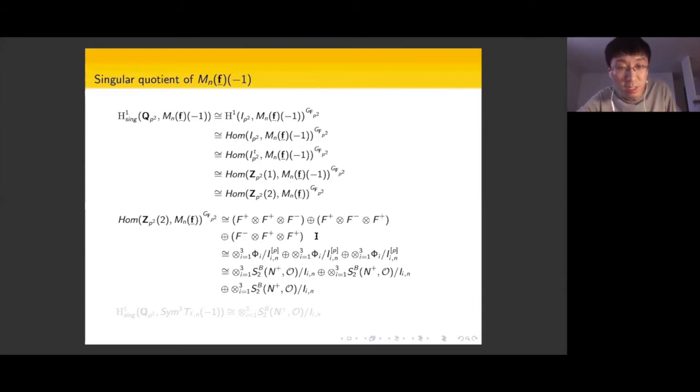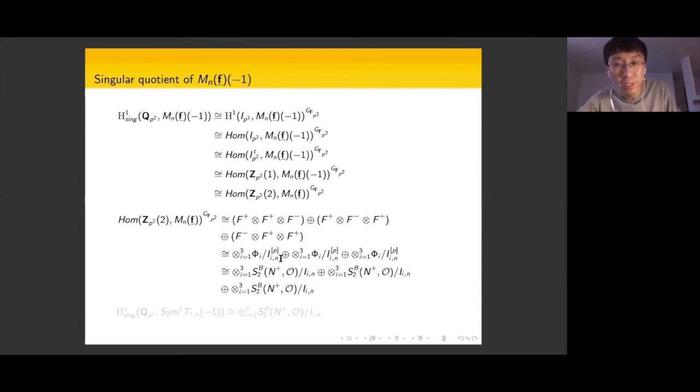And since F plus is isomorphic to the co-character group, and F minus is isomorphic to the character group, which are both isomorphic to the component group, you have this isomorphism from the singular quotient to 3 copies of the triple tensor product of the component group.